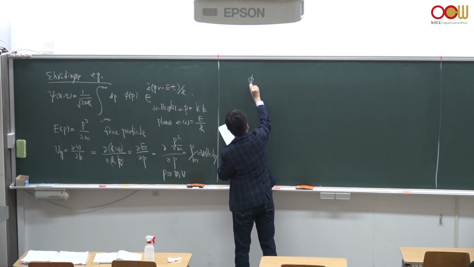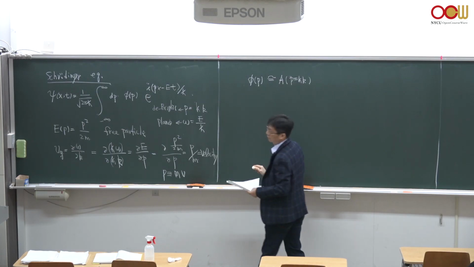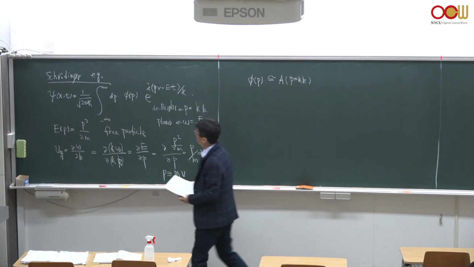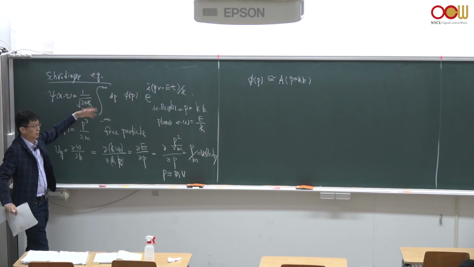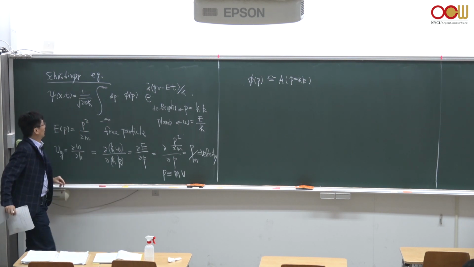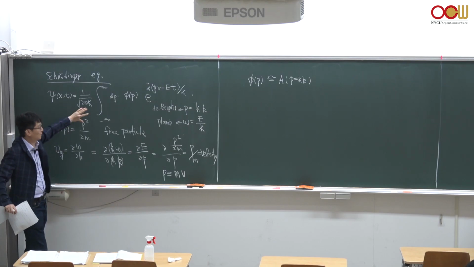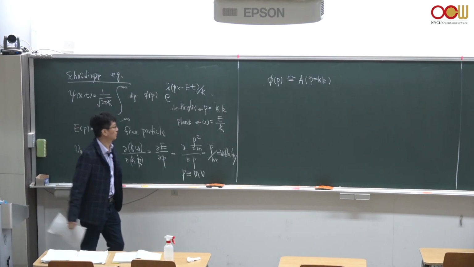So our φ(p) plays a role as this spectral function, as I mentioned. And there's a normalization factor, 1 over the square root of 2πħ, which we'll discuss later. It is just another slightly different form of the wave packet I just wrote down, but it is completely equivalent to what we just mentioned.